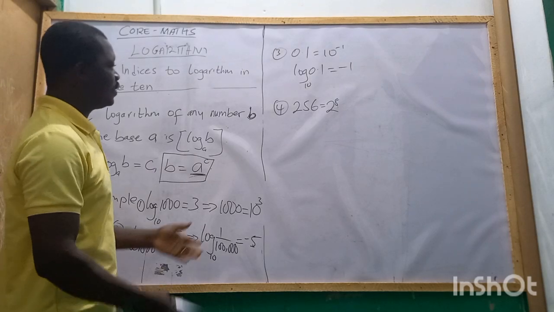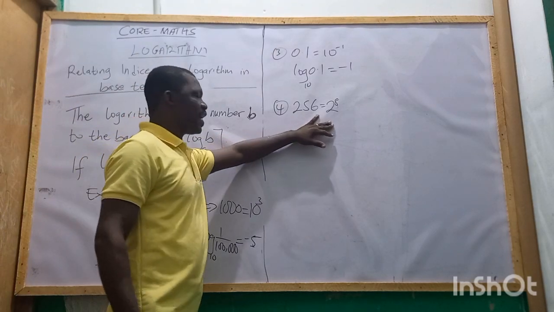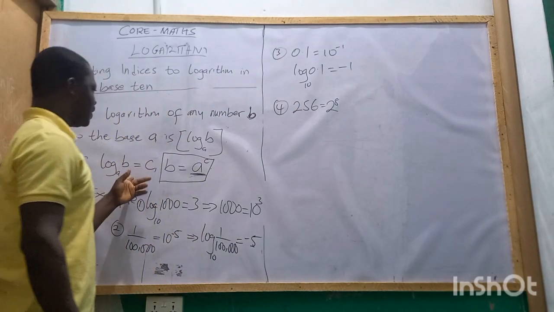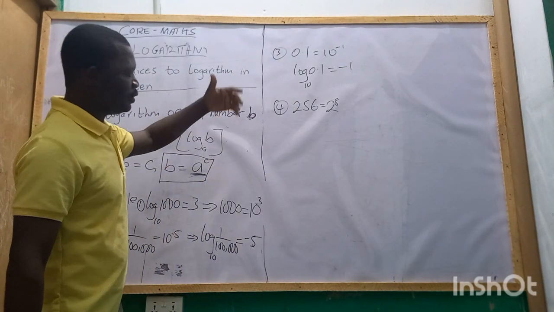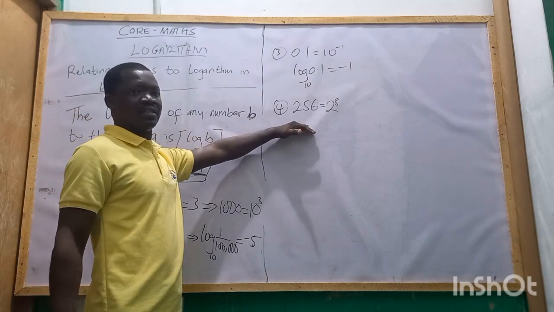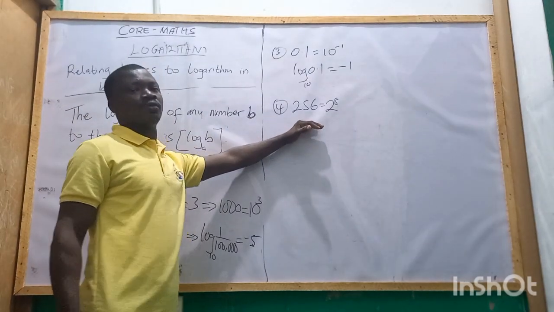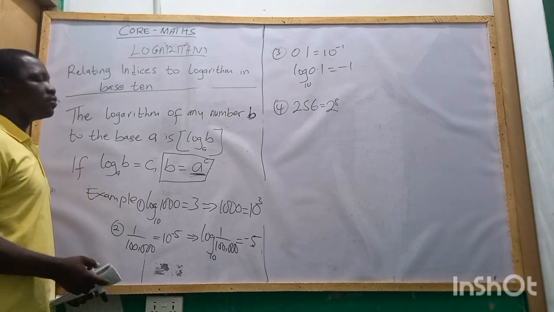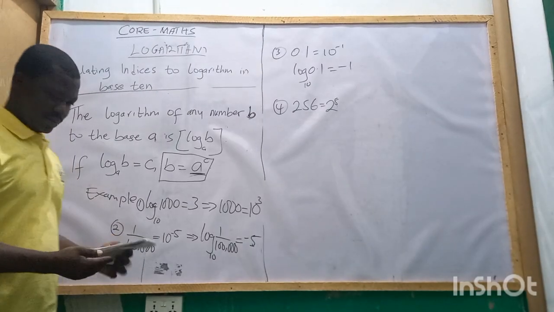When you are given text in log, they say write it in indices, you have to know how to write it. If it has been given to you in indices and they say write it in log form, you have to know how to write it. So relating indices to logarithm, we are done.